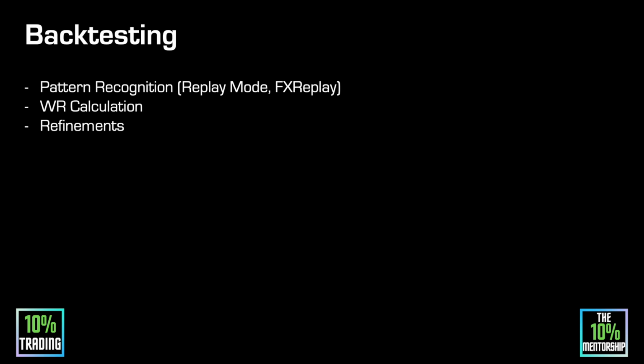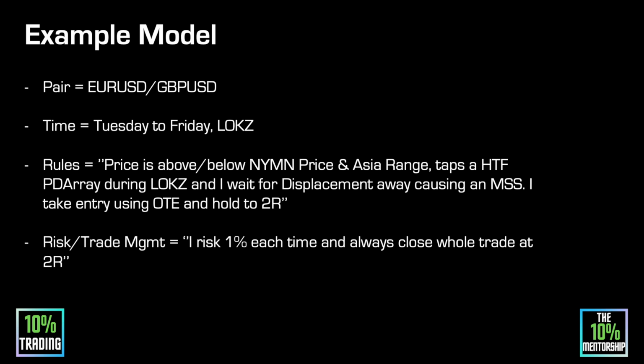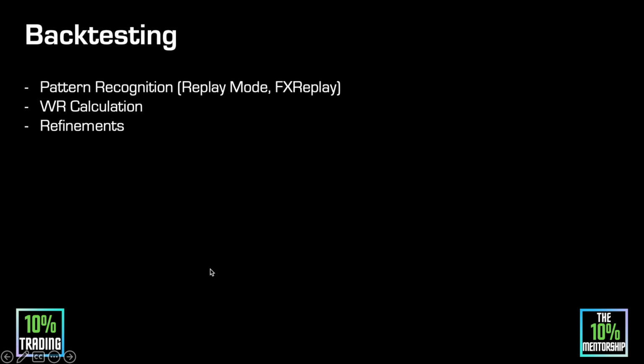Now, what else do we get from backtesting, right? We get a calculation for your win rate. Now, if you go back to this, I risk 1% each time, and I always close the whole trade at 2R. For a strategy that's strict in that sense, it's very important we have a win rate, right?